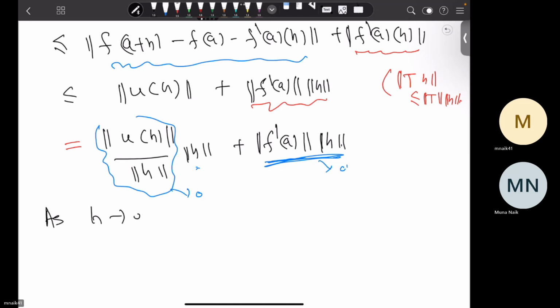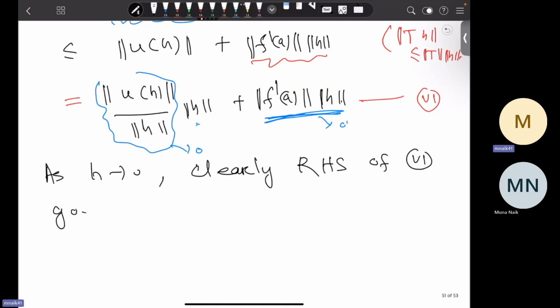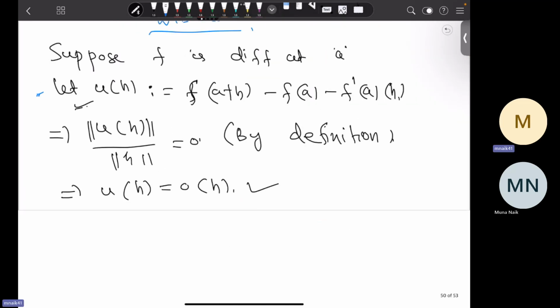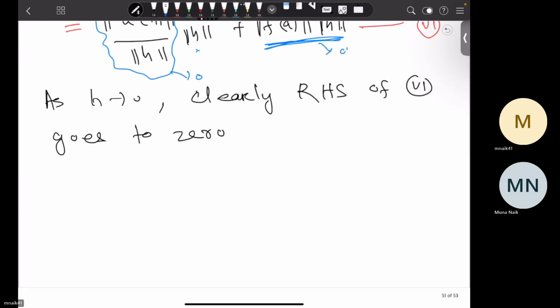I am calling this (vi). As h goes to 0, the right hand side of (vi) goes to 0, and the reason is that f is differentiable.